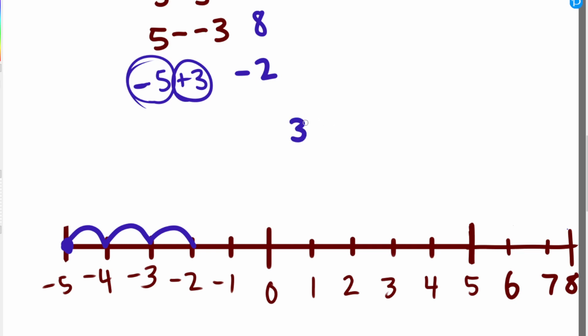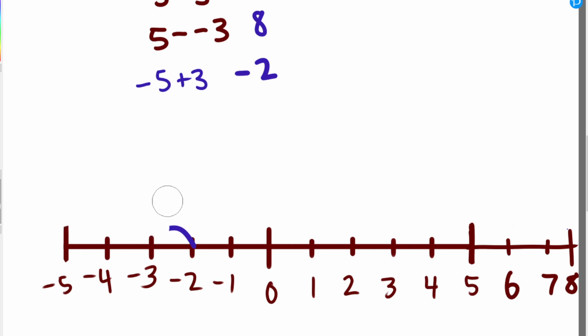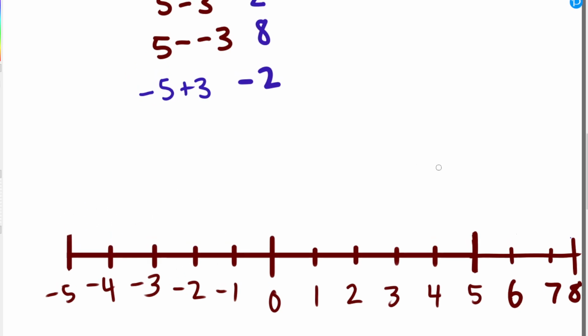So this is the exact same as 3 minus 5. In this case, it probably wouldn't help my brain as much, but we would start at 3 and go down 5. So 1, 2, 3, 4, 5. Sometimes rearranging the problem is helpful to some people. It can be for me sometimes. If it doesn't make sense in your brain, you don't have to worry about that too much.